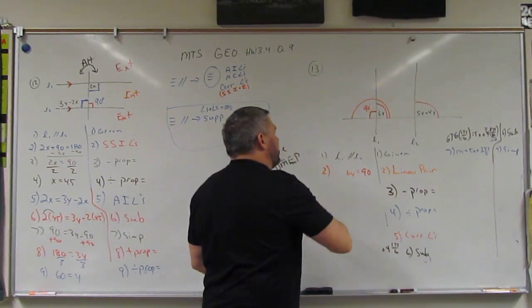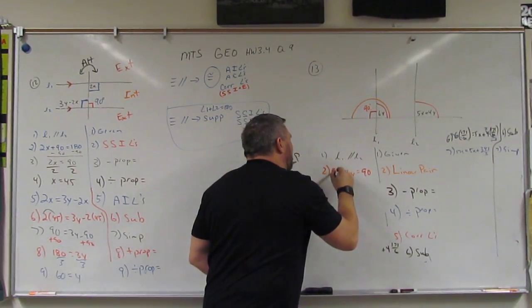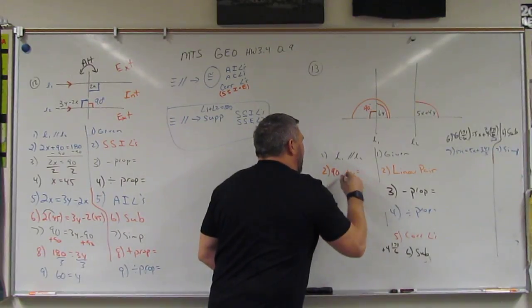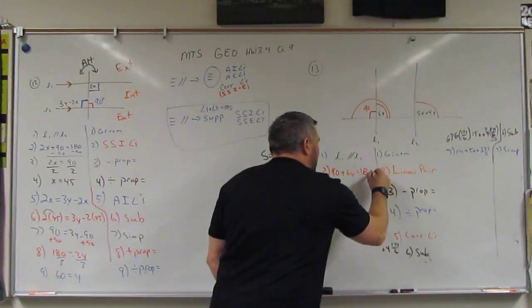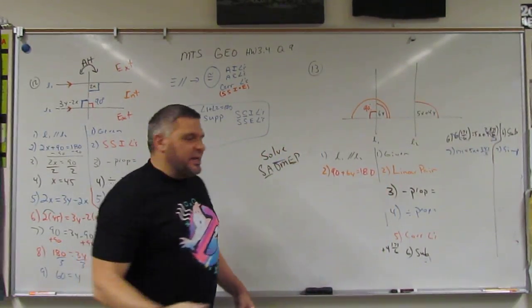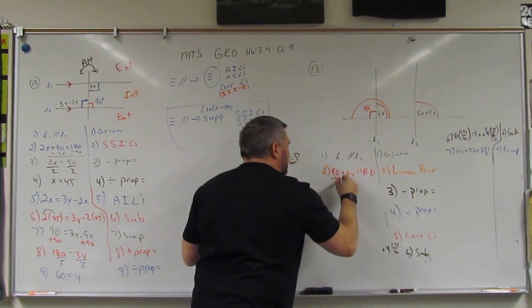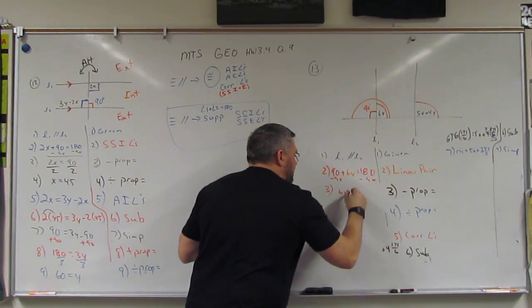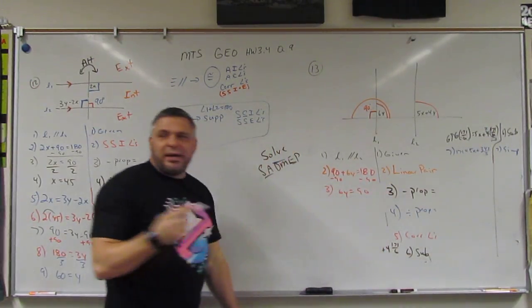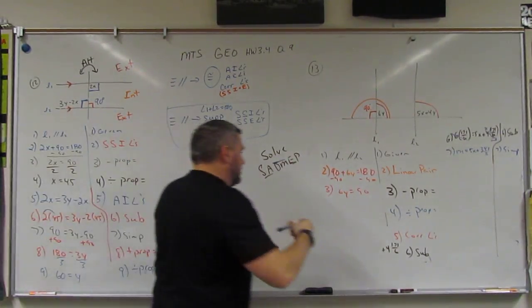So I could have said, oh, I was supposed to say 90. That's why. 90 plus 6y equals 180. And then we do the subtraction. That's what I was missing. Subtract 90, and then I have 6y is equal to 90. And then I have division.